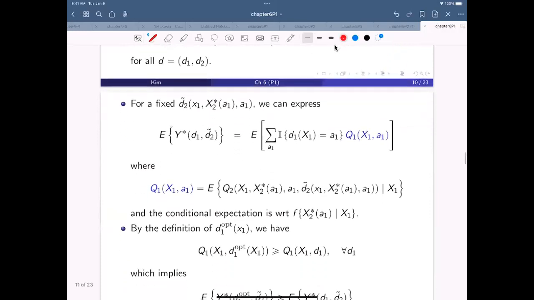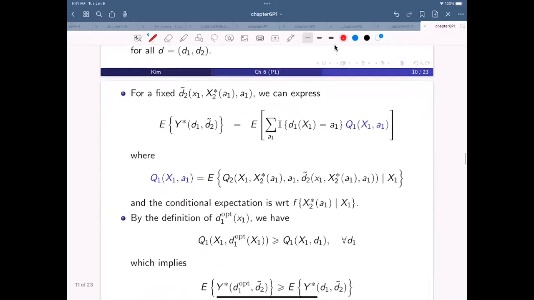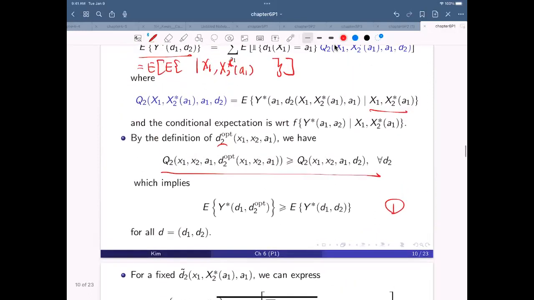And now, using the same approach, we can show that the forward optimization is not optimal, right? I think this can follow the same approach, because the essential step is the conditioning on the past decision.